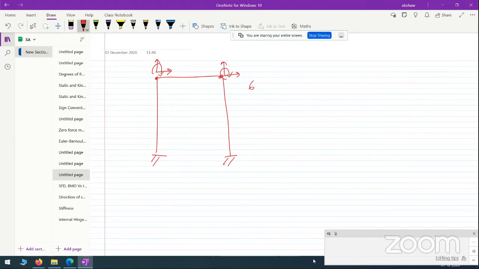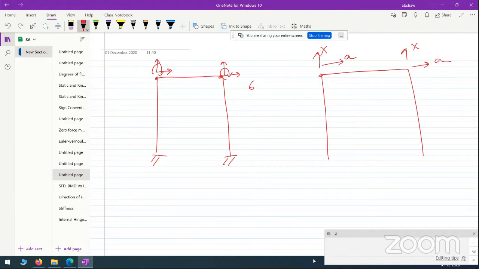Now, if I put the constraint that there will be no axial deformation, then what will happen? See, if there is no axial deformation, then this won't be there. If this deformation is A, this deformation has to be A, right?